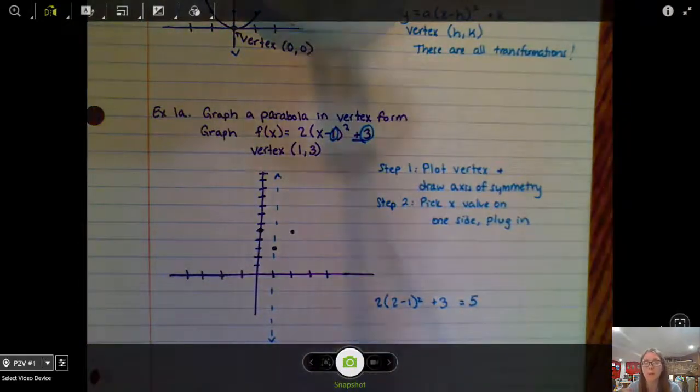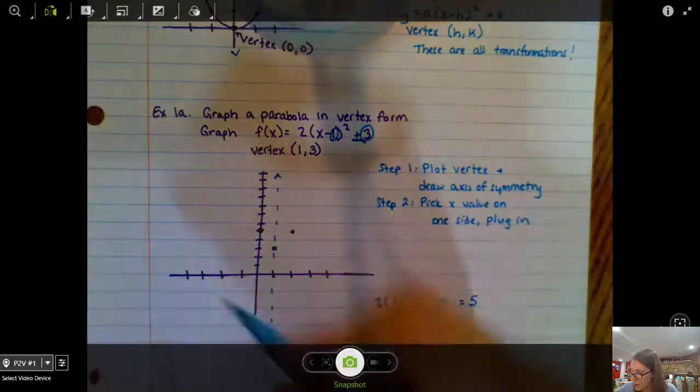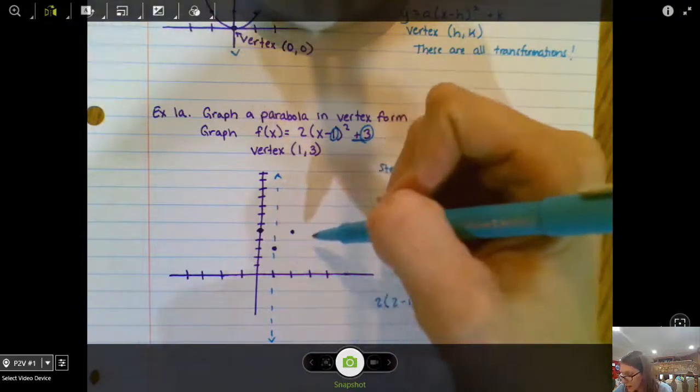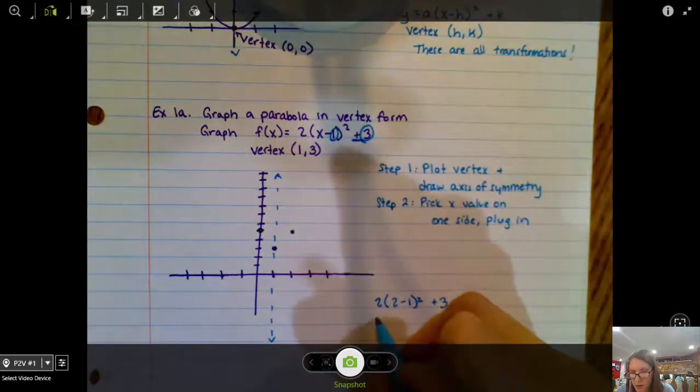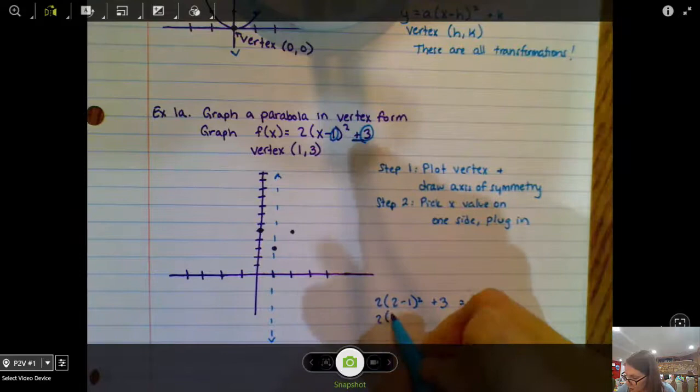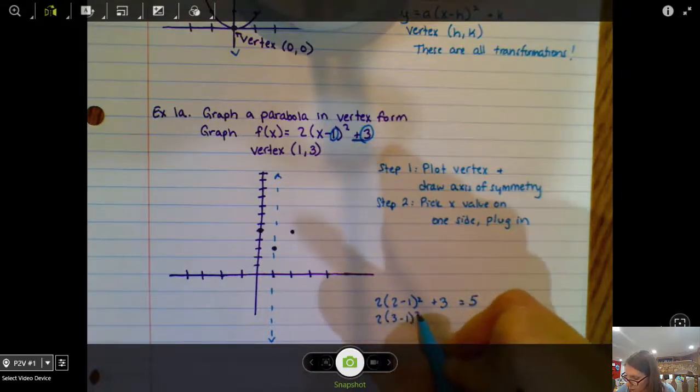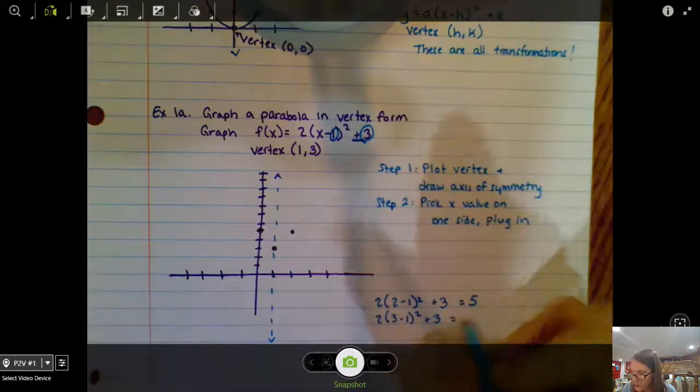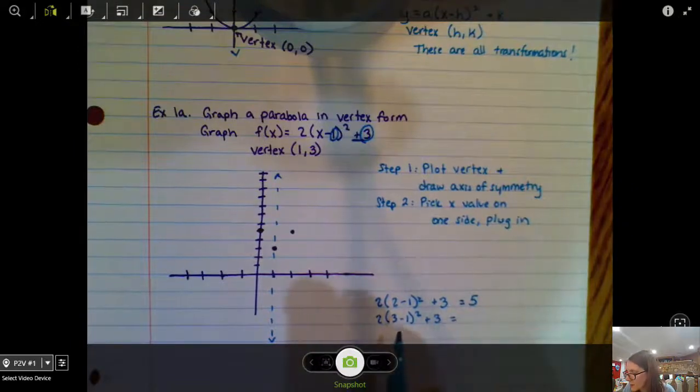And repeat the process one more time. Remember, we like to have 5 points total. We like to have our vertex and then 2 on each side. We could also use 3 as an x value. So let's repeat our process. 2 times 3 minus 1 squared plus 3. 3 minus 1 is 2. 2 squared is 4. Times 2 is 8.